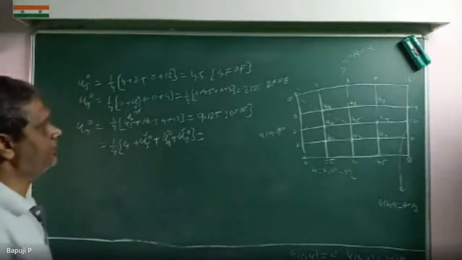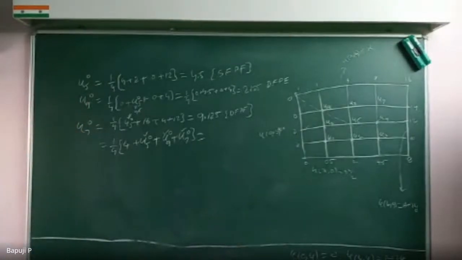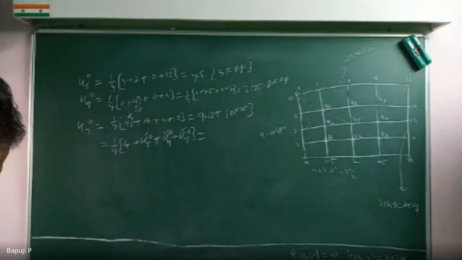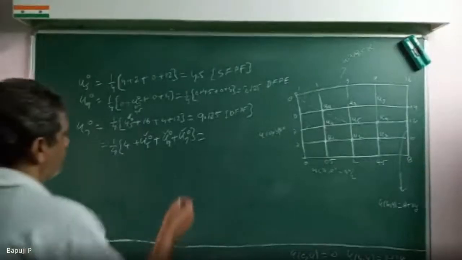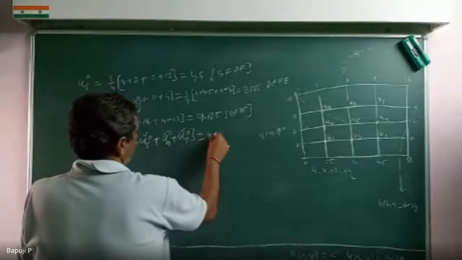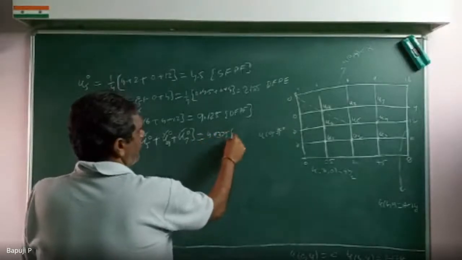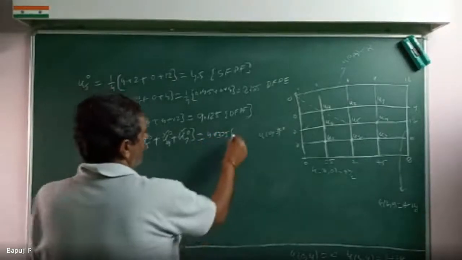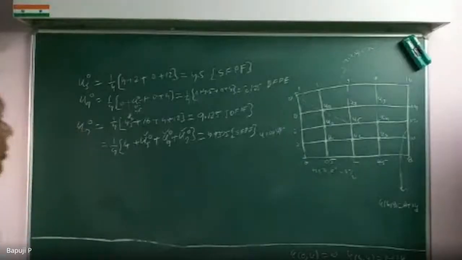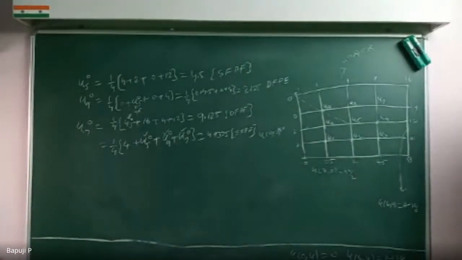So substitute, what will you get? U8 of 0 is 4.9375. 4.9375. Which formula am I using? SFPF formula.